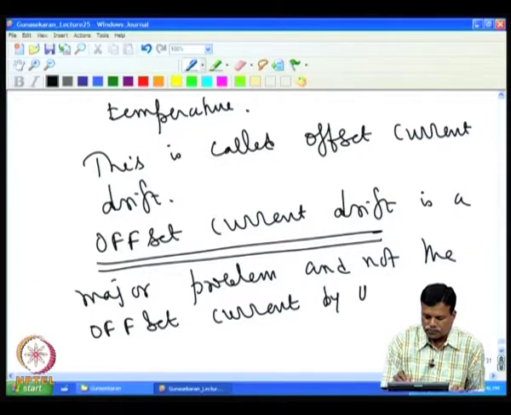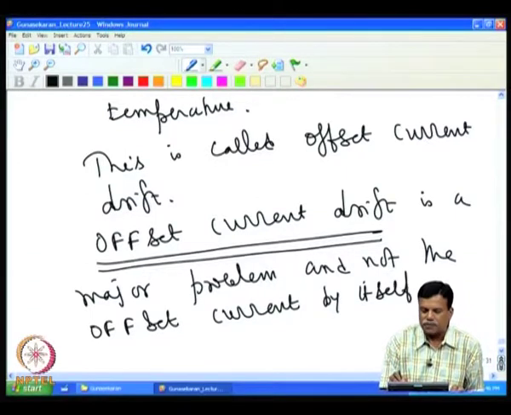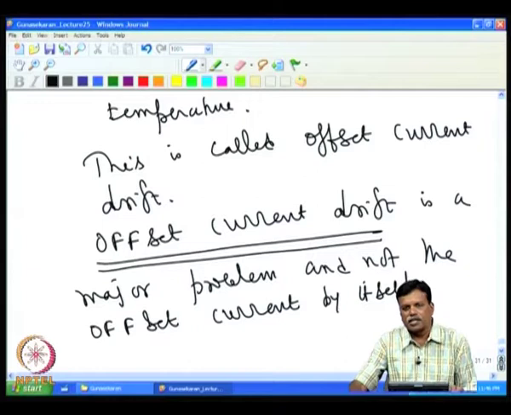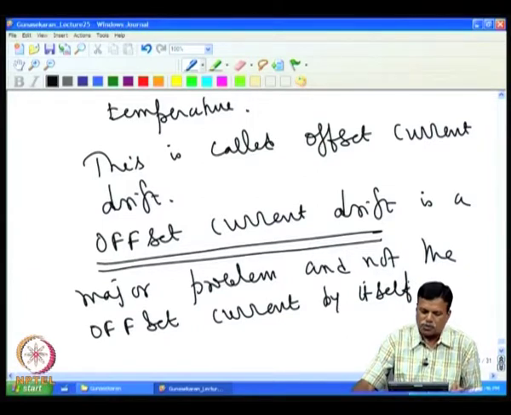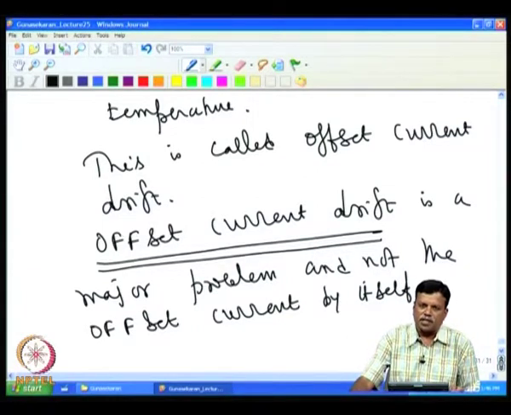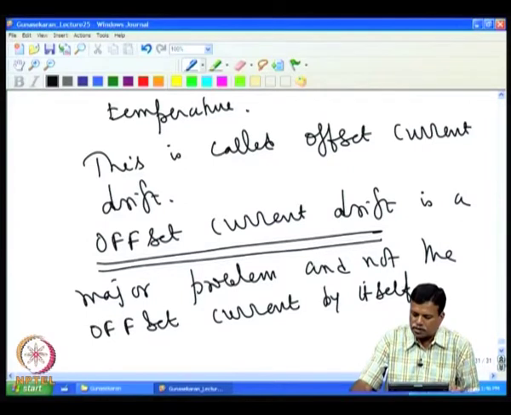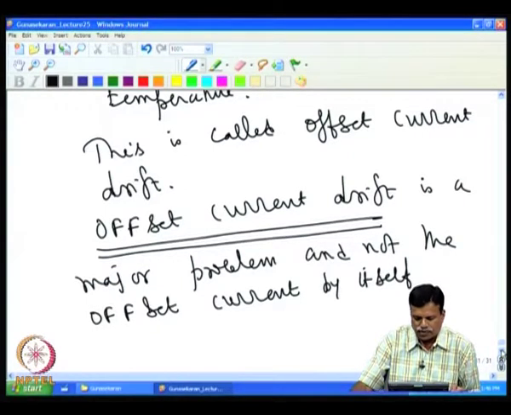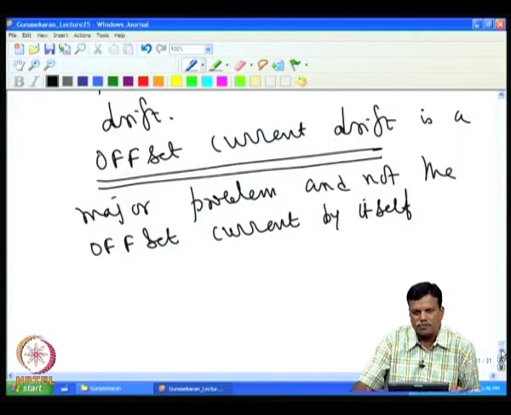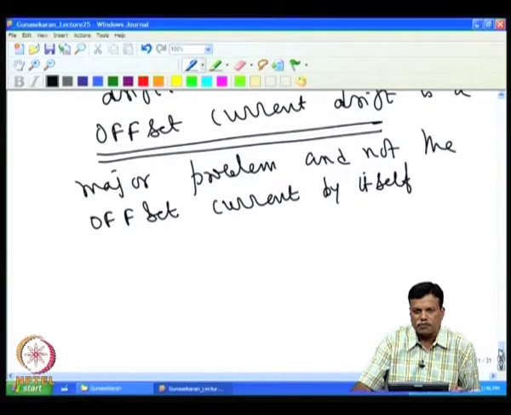By itself, offset current is not a problem, but the offset current drift is the major issue. It is a major issue next to offset voltage drift, because offset voltage drift is independent of the resistance that we are using, but offset current drift depends upon the resistance that we are using.